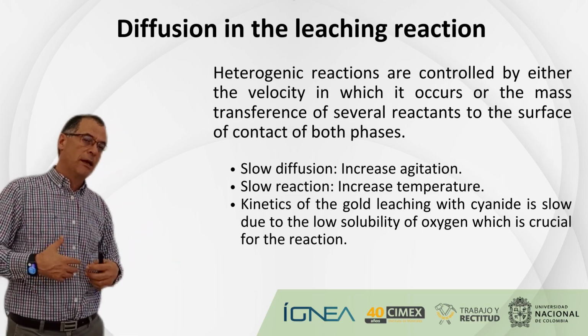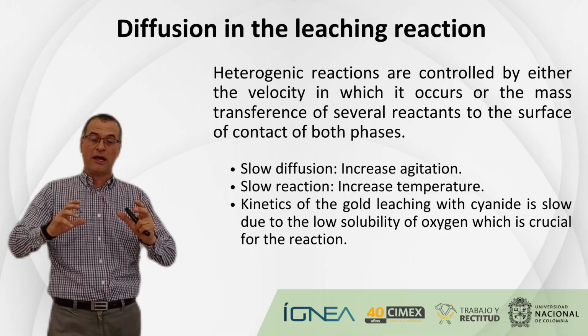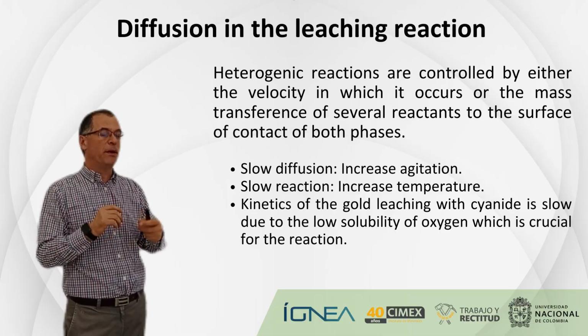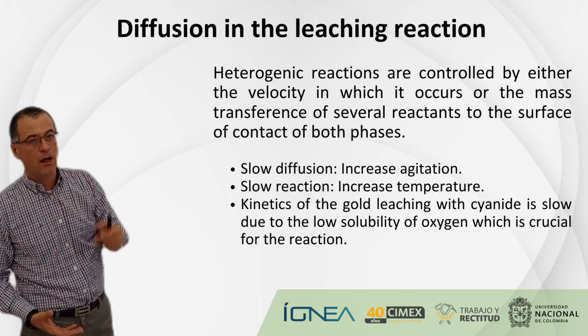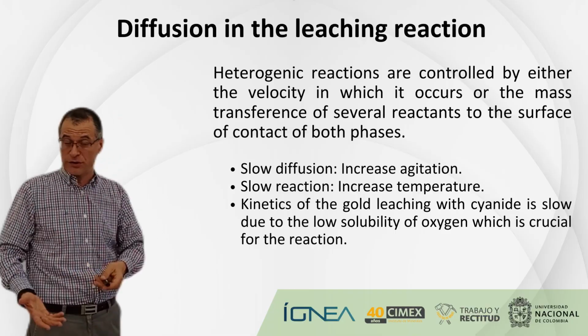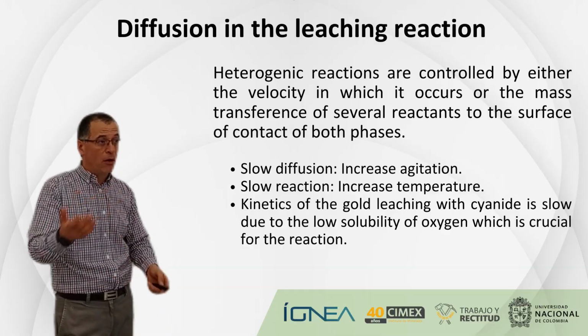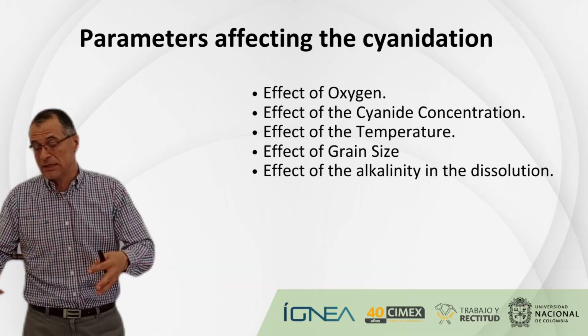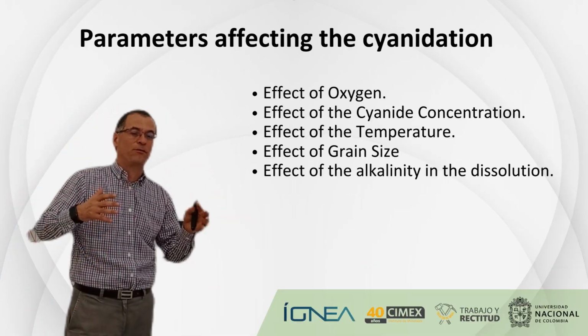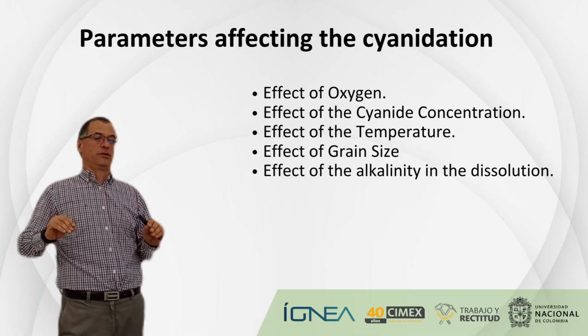In some cases, you make the oxygen enter the reaction. Some people increase the pressure, and some people increase the quantity of oxygen in order to help the reactions. But it's important to define that there exist different kinds of parameters that control the reactions. We need to control the reactions.